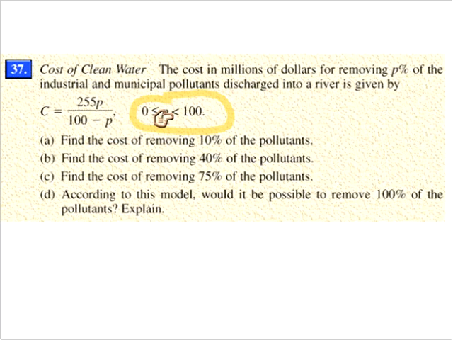P is less than or equal to 100? No. It's just P is less than 100. Because you have that restriction of P is less than 100, it can never equal 100%, meaning you can never remove 100% of the pollutants. That restriction right there tells you so.